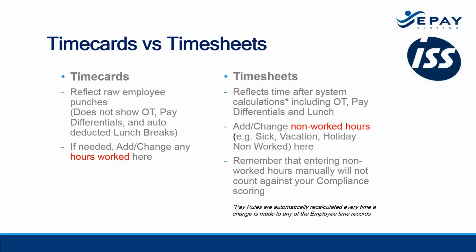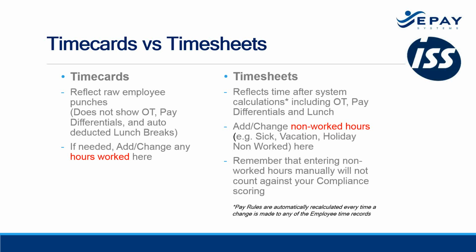Now the timesheets are always going to reflect the time after the system calculation. After an employee has punched in and punched out, the system applies the lunch rules, shift differentials, union rules, and any other pay rules we have set up, and applies that to the timesheet time.